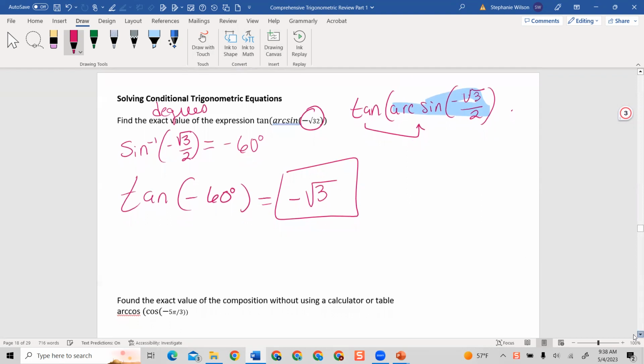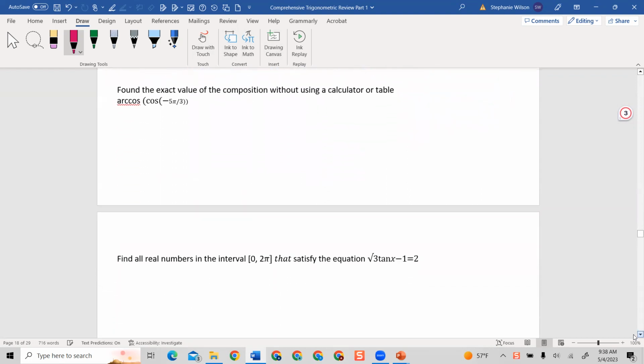Okay, let's do the next one. It says find the exact value without using your calculator or the table. So this is wanting you to do it from memory. We have arc cosine, so I'm going to take the cosine inverse of cosine of negative 5 pi thirds. First I need to figure out the cosine of negative 5 pi thirds, and make sure you're in radians now if you're using the calculator.